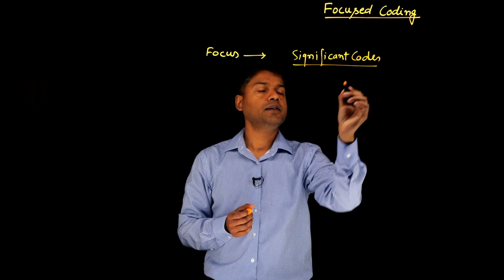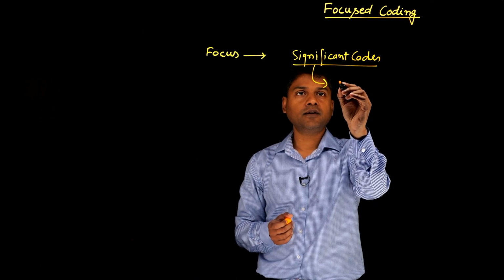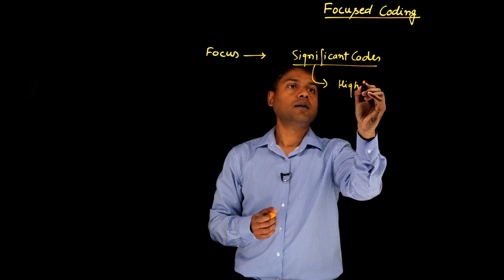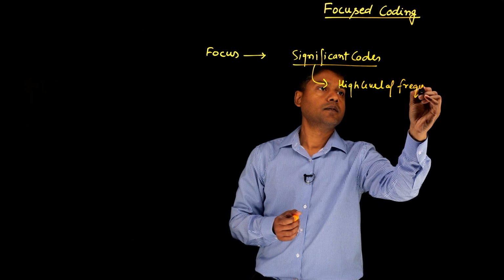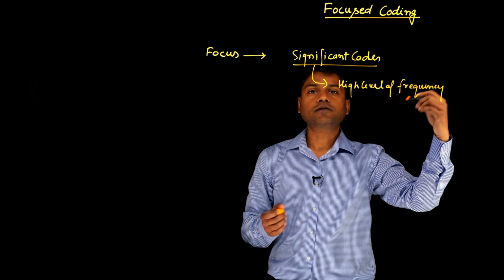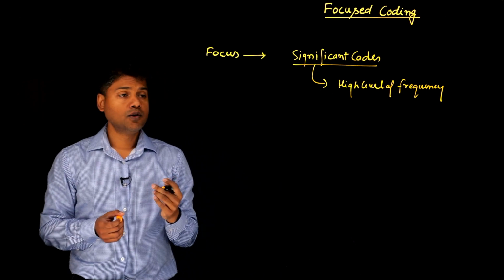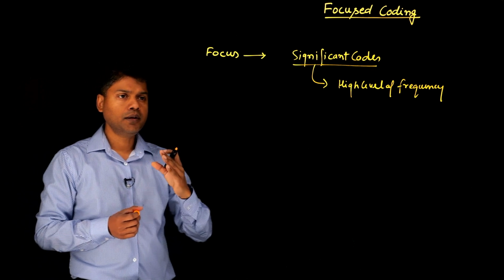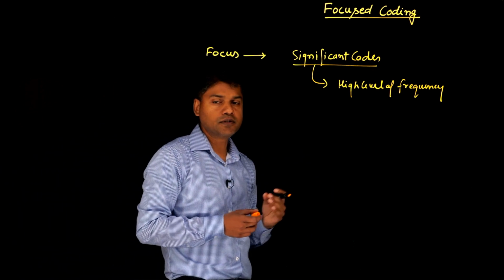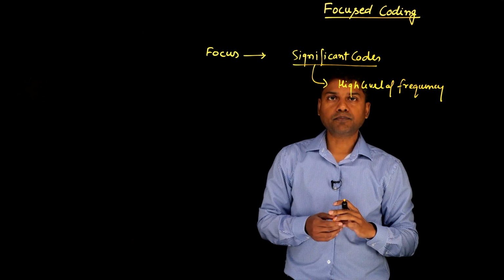And what I mean here is the codes which have a high level of frequency across participants. So let's say I have code A, which is often talked about by all the participants, or the majority of the participants.